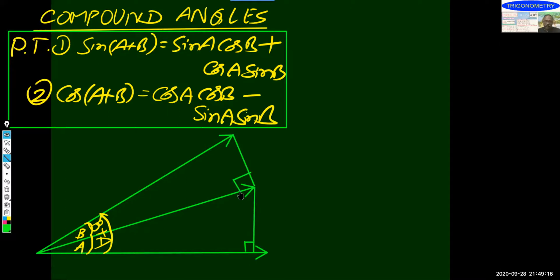Similarly, let me drop another perpendicular like this one from here. So how many right angle triangles do you have now? 3. Now I'll do one more by drawing a perpendicular from here to this. This is again 90. How many right angle triangles do you have now? 4.